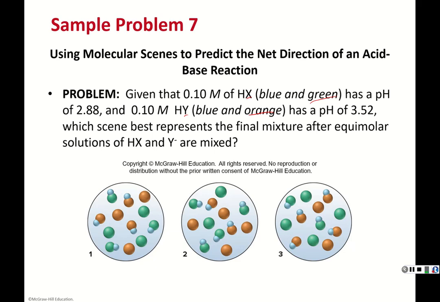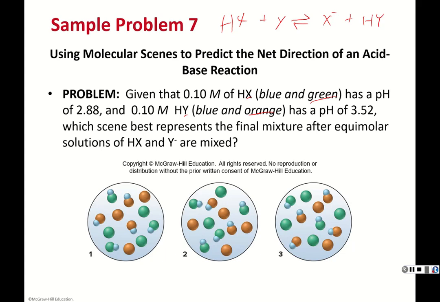Which scene best represents the final mixture after equal molar solutions of HX and Y minus are mixed? So what they're saying is our reaction is going to be HX plus Y minus. And what would we go to? We'd go to X minus plus HY.